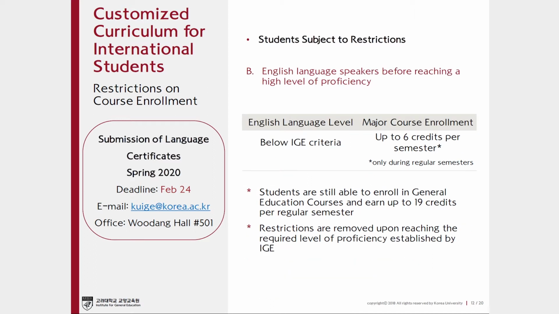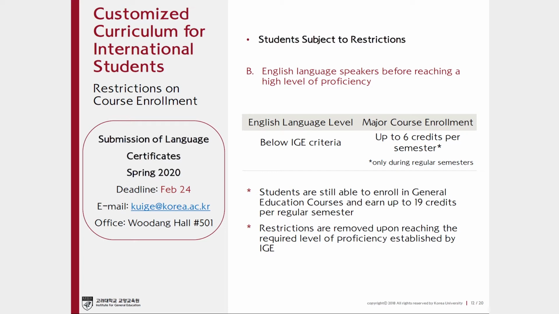Students exempted from the intensive Korean language program may be subject to restrictions on major course enrollment, and may be restricted to a maximum of 6 credits per semester if they do not fulfill the criteria of language proficiency established by the Institute for General Education.